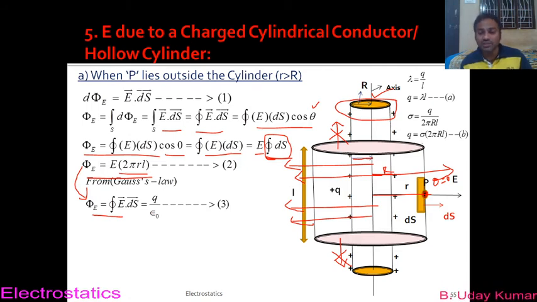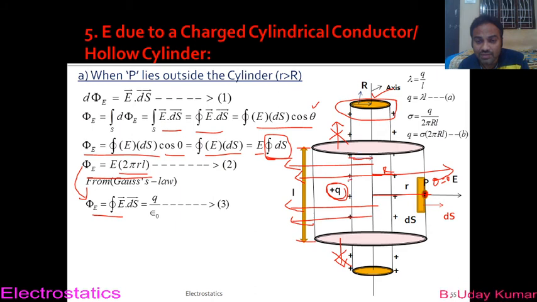So now let us assume that the charge present inside this Gaussian cylinder is Q only. This is plus Q. What is Q? Q is the charge that is present inside this cylinder within the range of the length L. That's it. From the figure, can you see this one?